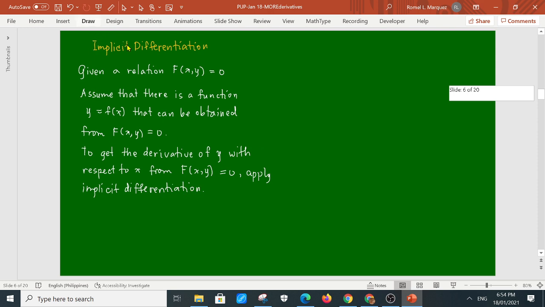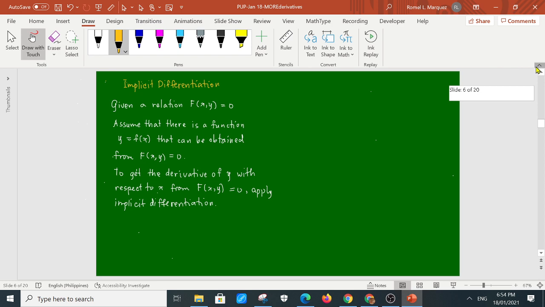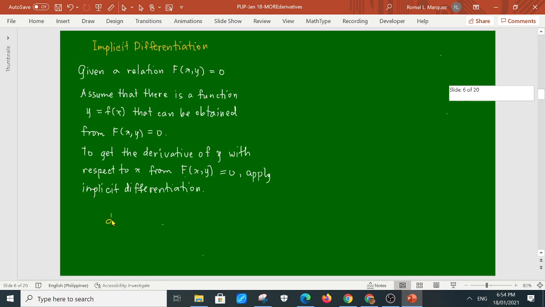But you have to take note of the following. If you are differentiating with respect to x of, let's say, y to the n for any real number n, the result is n y to the n minus 1 times the derivative of y with respect to x.